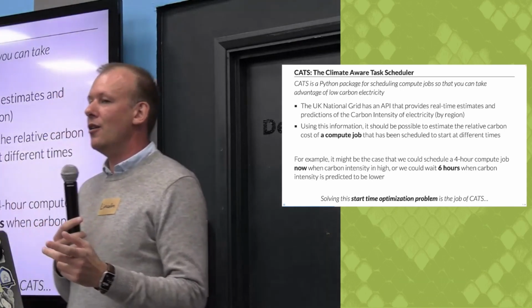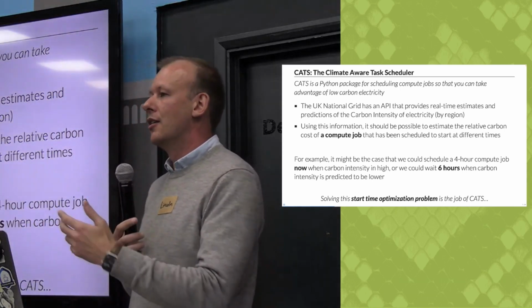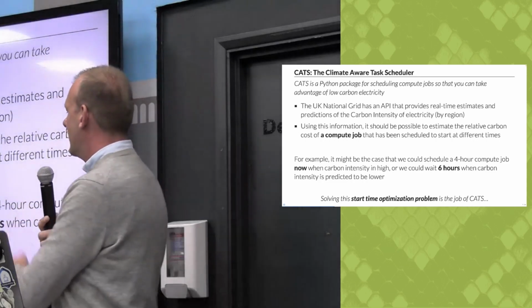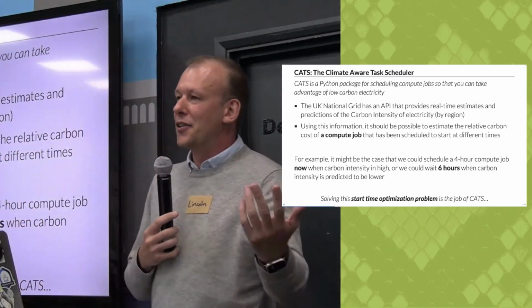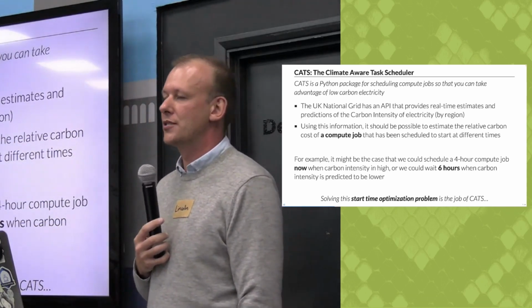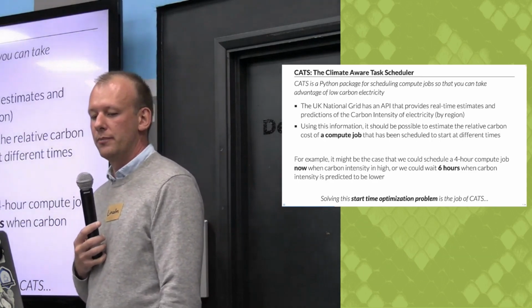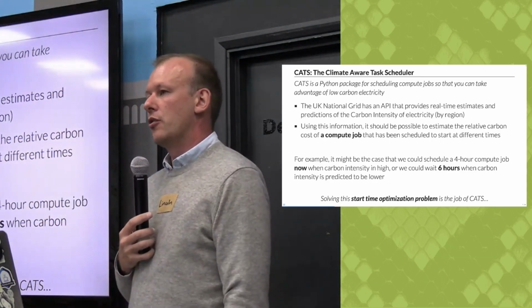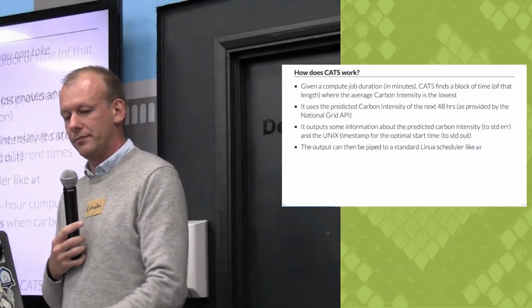You can run that now, or you can wait until the carbon intensity of the electricity is lower. And so the job of CATS is to solve that optimization problem, to figure out when you should run a compute job, so that you can take advantage of that low carbon electricity.